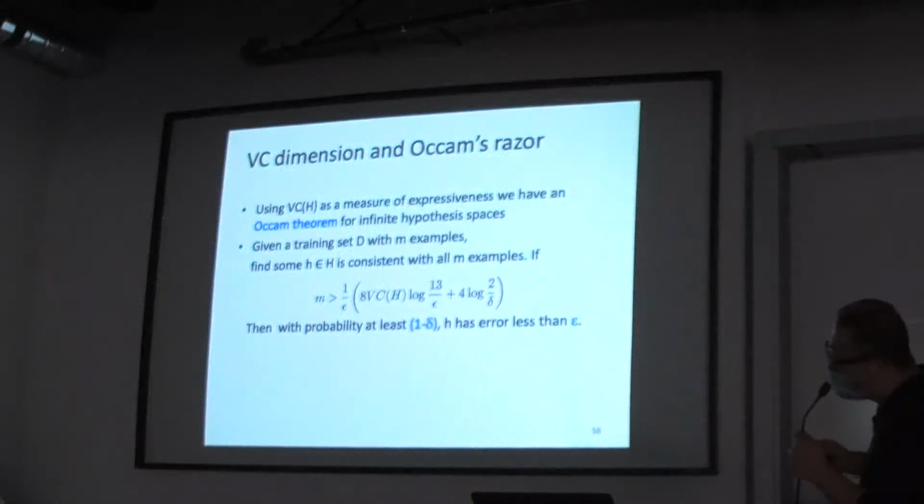So you can see the style of the statement is exactly the same as we did before in a consistent learning setting. The only difference is that in our previous analysis, we required the hypothesis space to be finite, and then we used the log size of the hypothesis space to indicate its complexity.